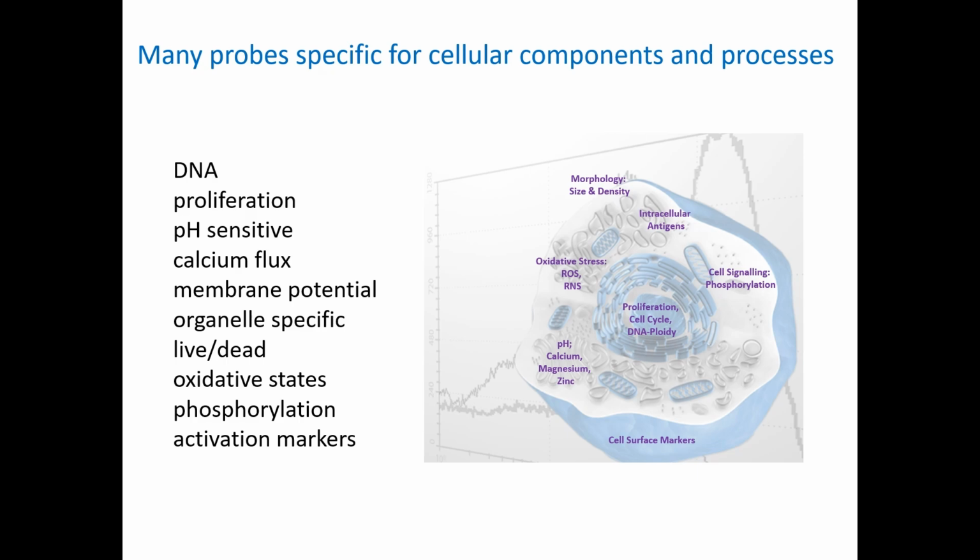There are probes that are pH sensitive, measure calcium flux, membrane potential. Some are organelle specific or identify dead cells. Others measure oxidative states, phosphorylation, and numerous activation markers, and this is just to name a few. Some cells, such as algae, contain natural fluorescent pigments that can be used to identify different species.